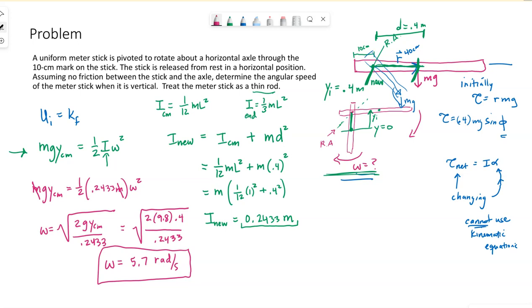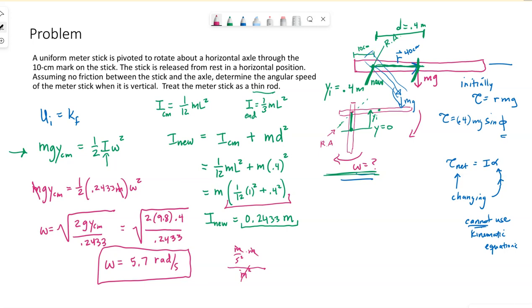Now, if you want to follow the units through, in the numerator, G is in meters per second squared. Y is in meters. In the denominator, the 0.2433 was from adding this stuff in parentheses, so the L squared plus the 0.4 squared. So that's in meters squared.